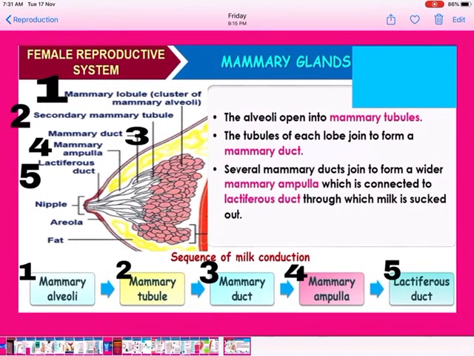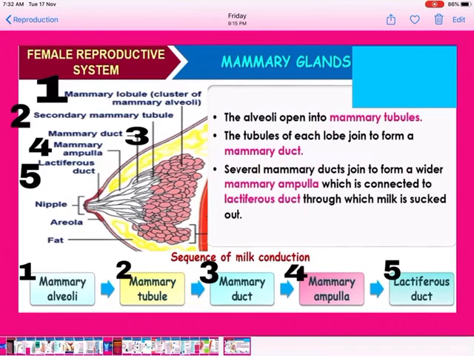Now see the sequence of milk conduction. The alveoli opens into mammary tubules. Labeling number 2. Secondary mammary tubule is there. Then the tubules of each lobe join to form mammary duct. Labeling number 3. And several mammary ducts join to form a wider mammary ampulla. Labeling number 4.